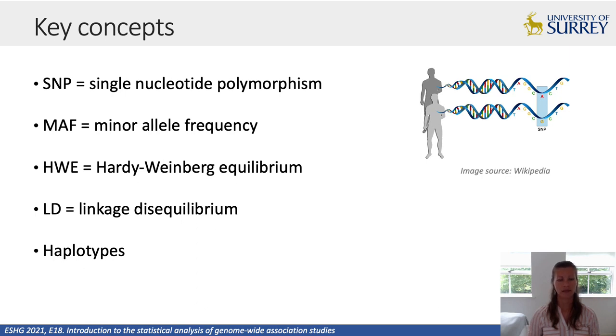We are also looking at SNPs that are in Hardy-Weinberg equilibrium, so that the effects we see are not the effects from migration and so on. And linkage disequilibrium and haplotypes are also two important concepts that I will get into in the following slides.